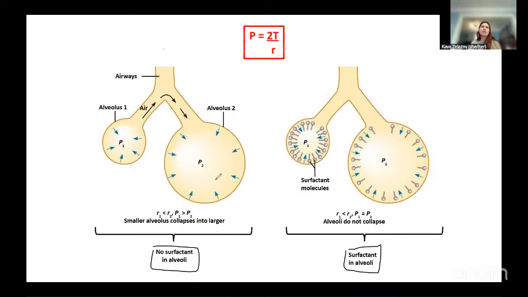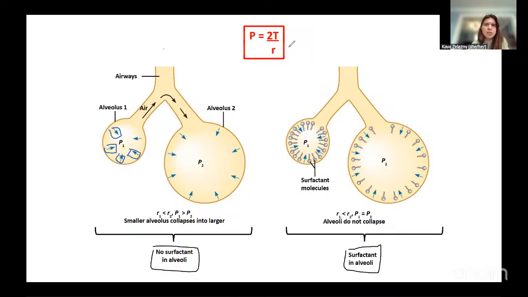Our alveoli are like bunches of grapes. So they're all bunched together in groups. And not all the alveoli in a grouping in this alveolar sac are the same size. So we're looking here at two alveoli that are different sizes. And we're looking at the water molecules that are trying to pull those alveoli closed, not on purpose, but just because water molecules create surface tension, right?